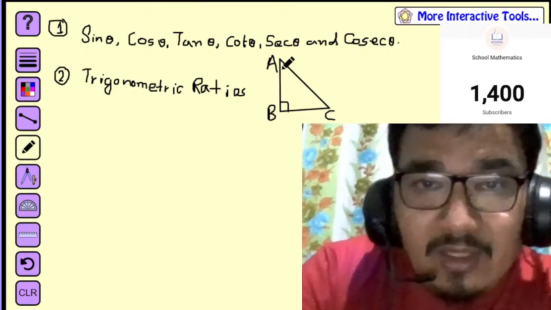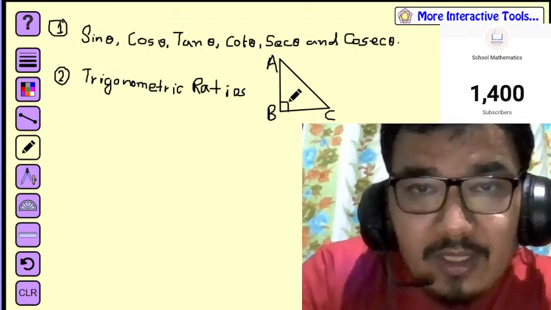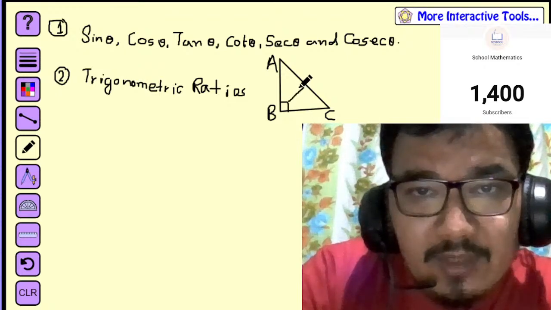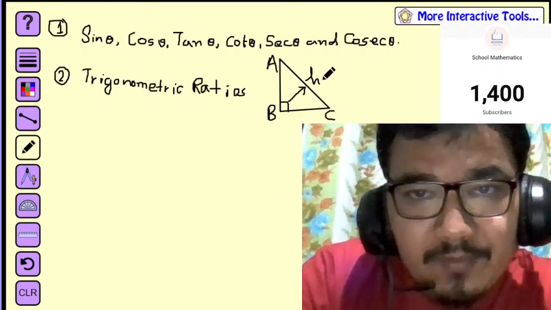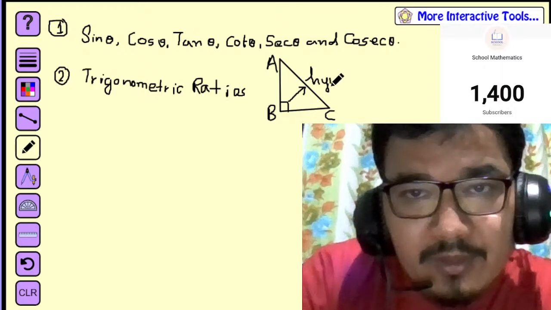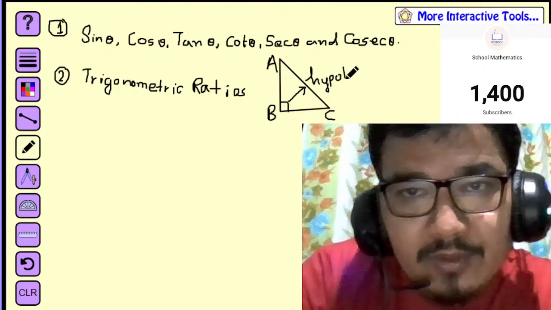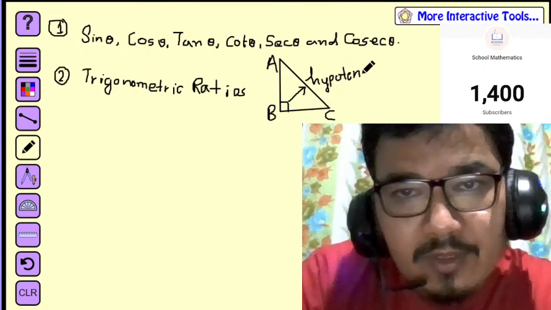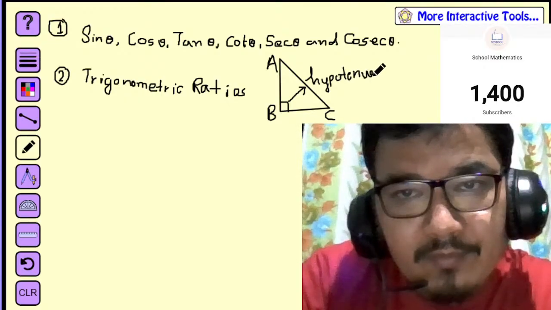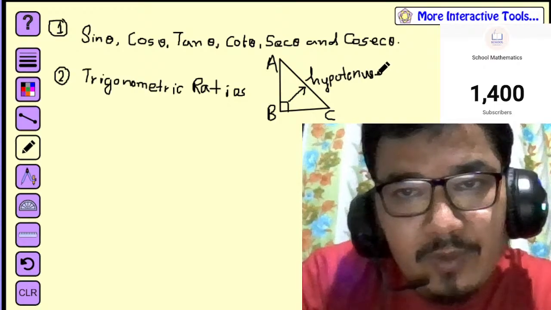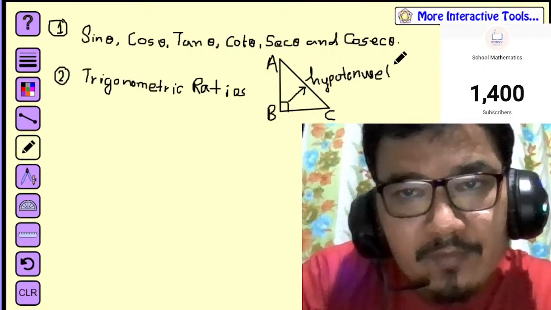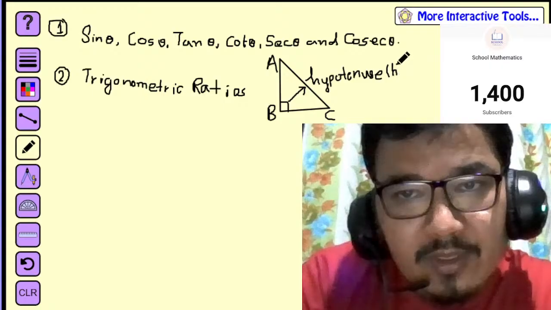And suppose, look at this 90-degree, as we know that the opposite side of this 90-degree is this. This is hypotenuse, okay? Right there, hypotenuse. This is hypotenuse, okay? And we denote it by using h, right?